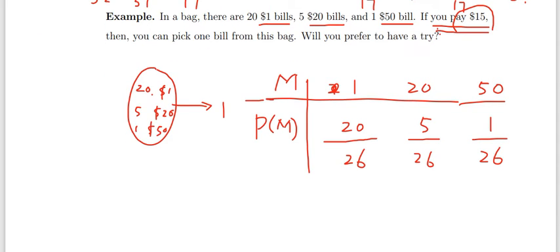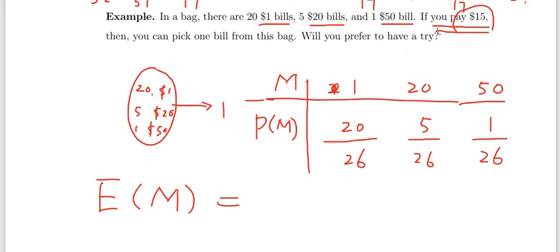So we can find the expectation. This expectation we can also understand as the average. You can pick 1, you can pick 50, or you can pick 20.